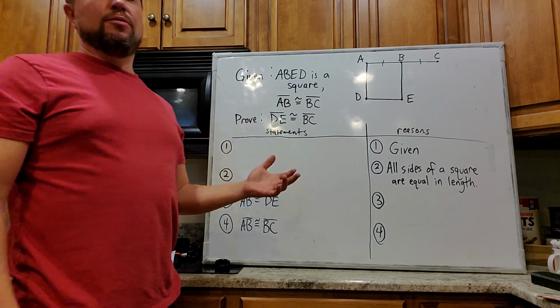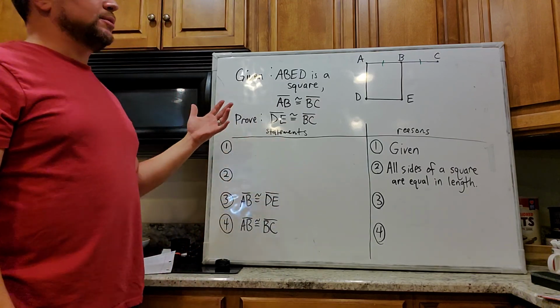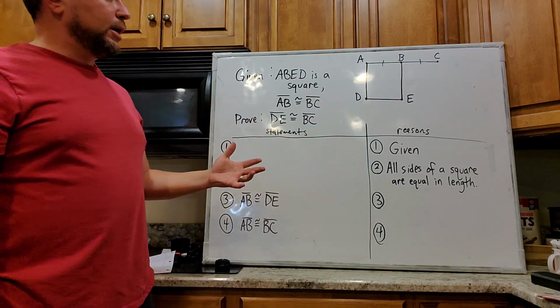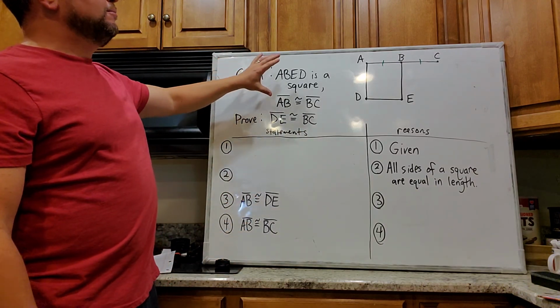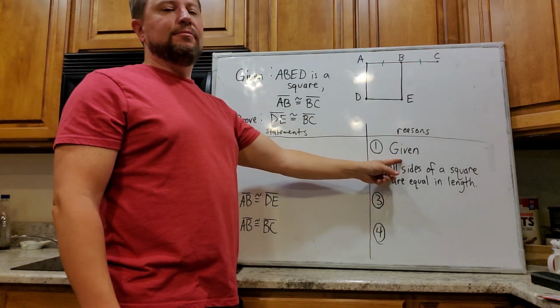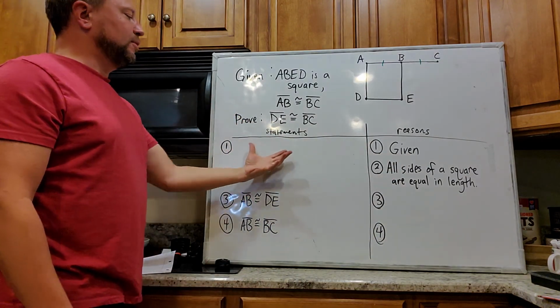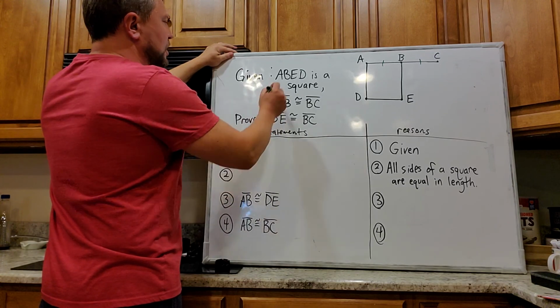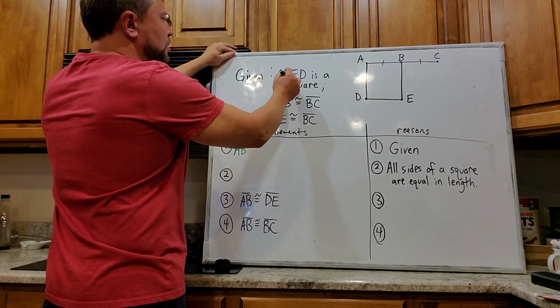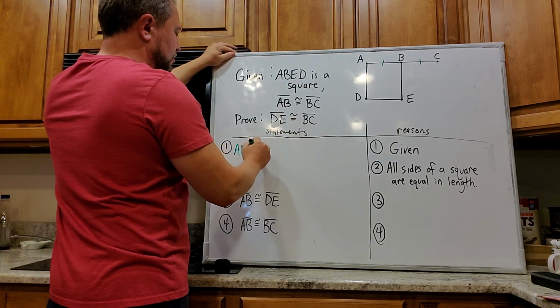Now, every proof, the first step is always the same. All you have to do to get things started here is copy your given and say it's given. So all we have to do is fill in this blank here with the given information. So I'm just going to copy what I had up here. ABED is a square.